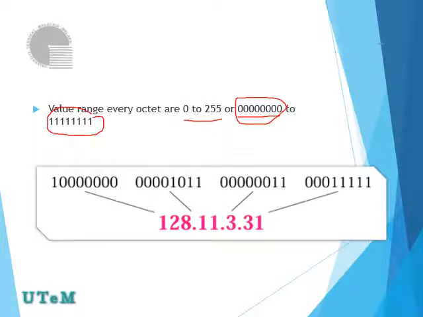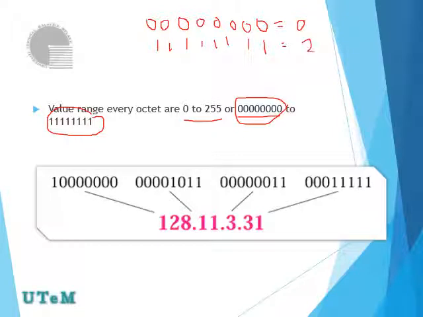When you convert 8 zeros, this is in binary, to decimal, it is equal to 0. And 8 ones, 1 1 1 1 1 1 1 1, if you convert to decimal, it is equal to 255.